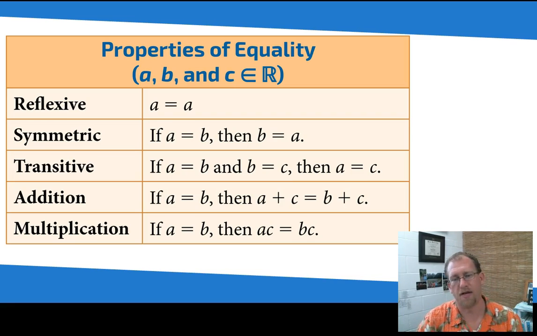The symmetric property is that you can flip things around on either side of the equal sign, just like you can change things on other sides of a plus or a multiplication symbol, and it means the same thing. Equal signs are the same way. B equals A and A equals B, right? Transitive, that if something equals something else, this second thing could also be equal to something else.